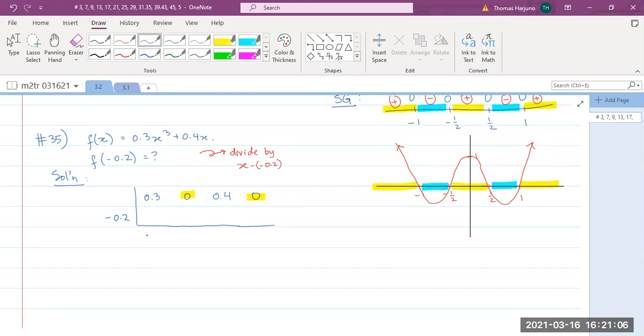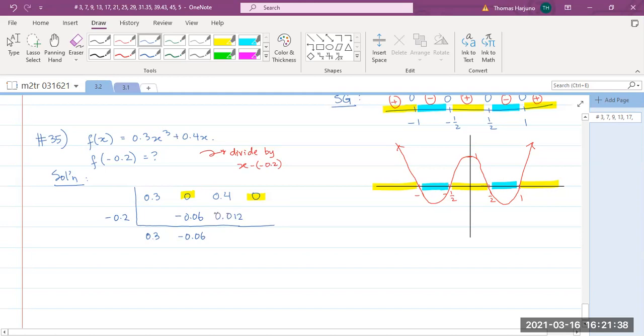Now let's compute that. 0.3 positive times negative, that's negative. 1 decimal place times 1 decimal place is 2 decimal places. 2 times 3 is 6. Negative 0.2 times negative 0.06. 2 times 6 is 12. 1 times 2 decimal places is 3 decimal places.